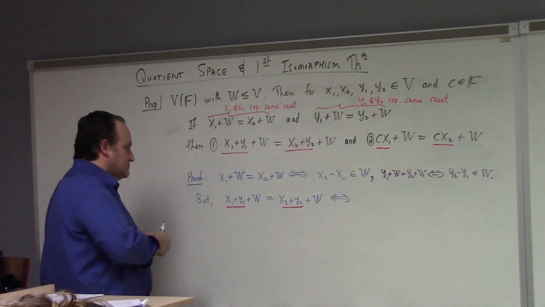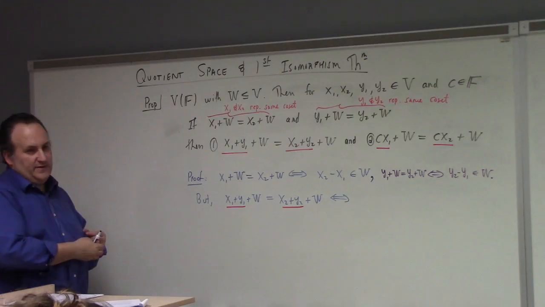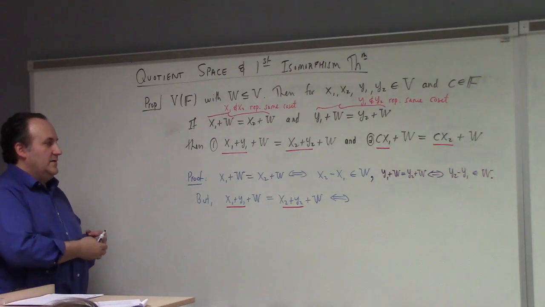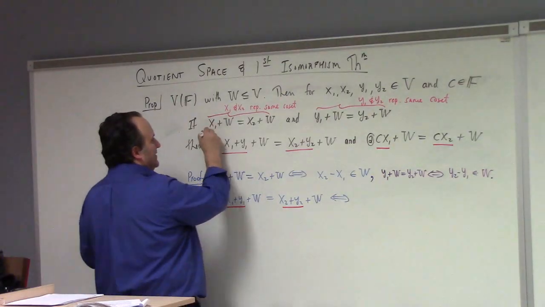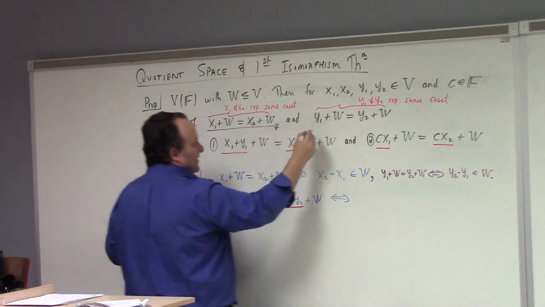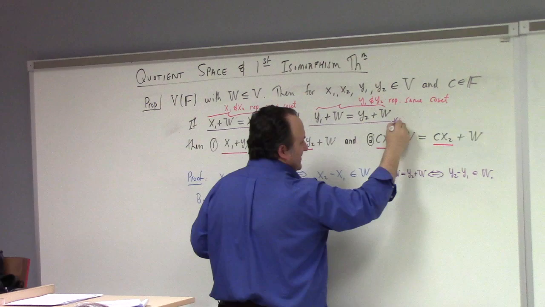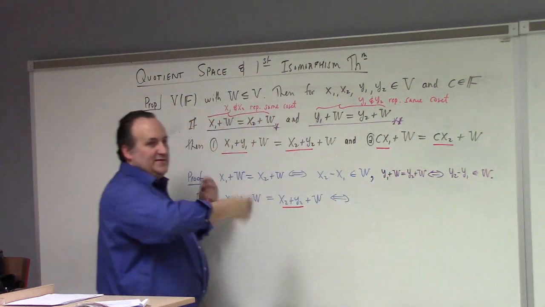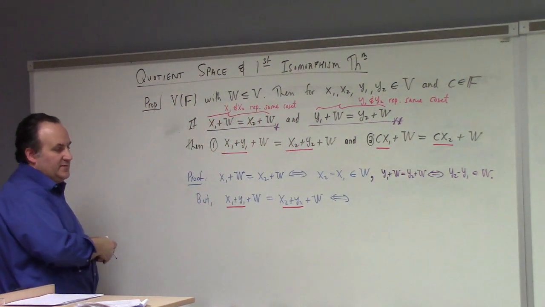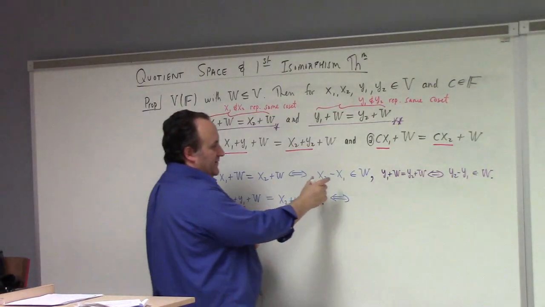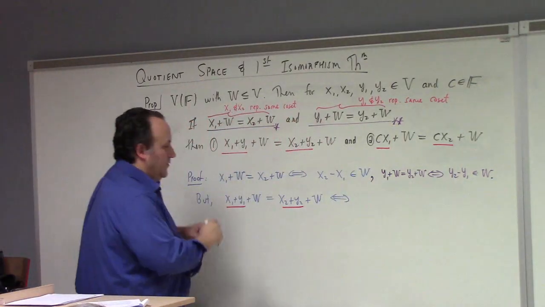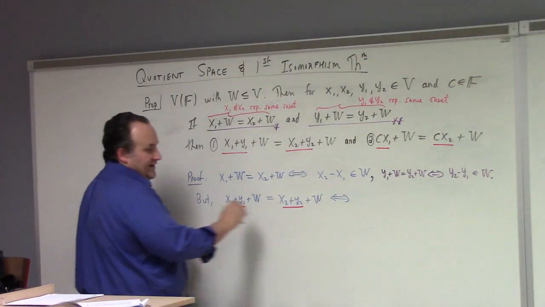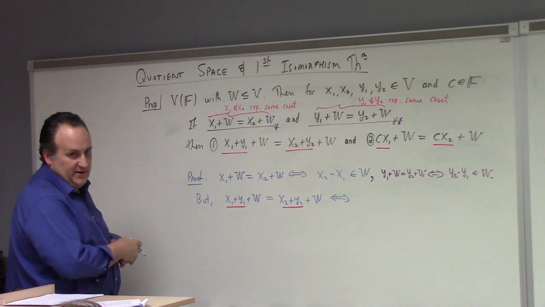So we're assuming that star and star star are true, which means that the difference of the x's and the difference of the y's are again in W. But what we're trying to show is that this is equal to that, right?